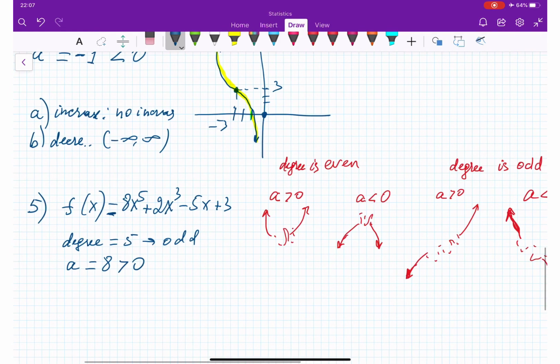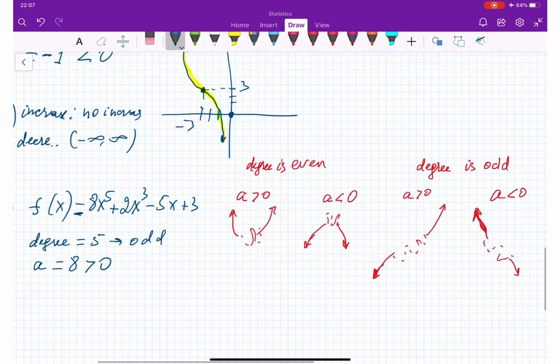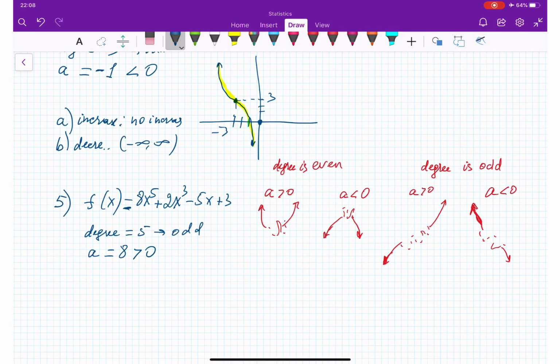So what is going to be the end behavior that we have here? The answer is odd here and greater than 0 here. So the graph's end behavior is going to look like this and this. Okay?